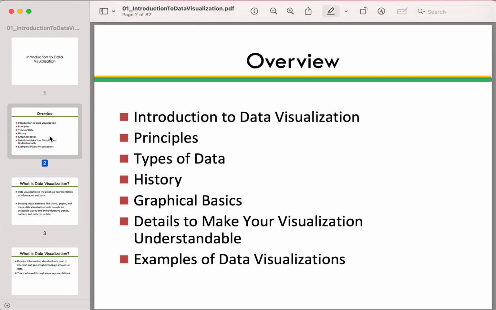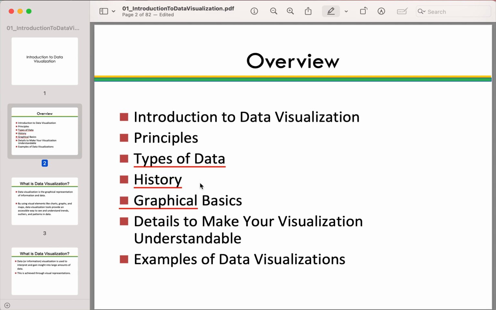Here is an overview of what is included in this PowerPoint presentation. First is, as we mentioned, introduction to data visualization. We will briefly mention some principles, and then we'll discuss what is data and what kinds of data exist.